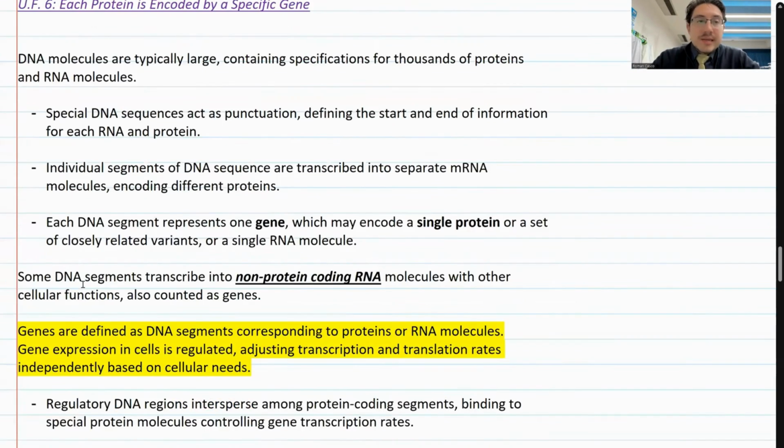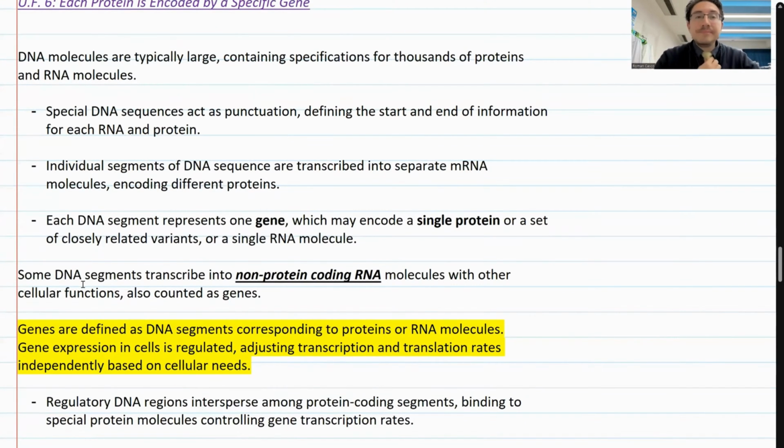Feature number 6 is that each protein is encoded by a specific gene. So DNA molecules are typically large, incredibly large they could be, and they can contain many, many genes, or sequences of DNA that can code for proteins and RNA molecules.